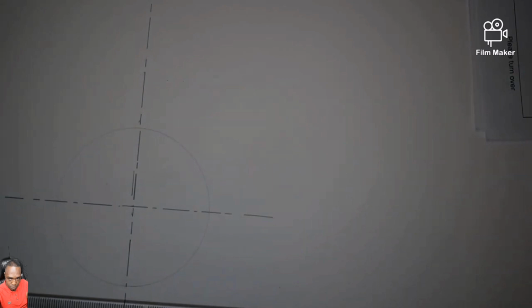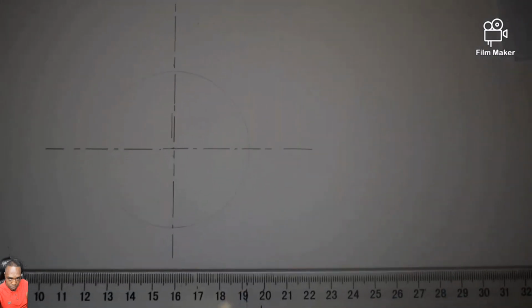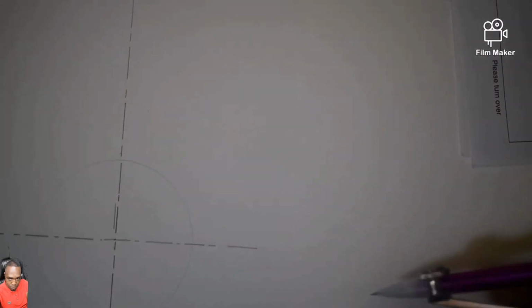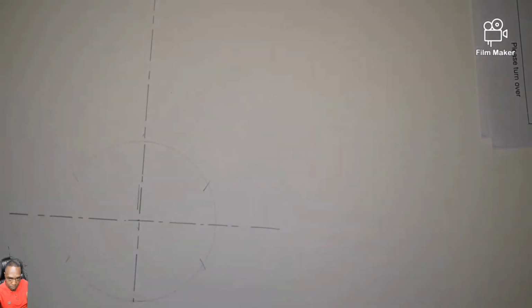Then from there I can place it at this point, and further extend to the center. I mark there and I mark here, and come to the other side. I place it there, further extend to the center. I mark here and I mark there.